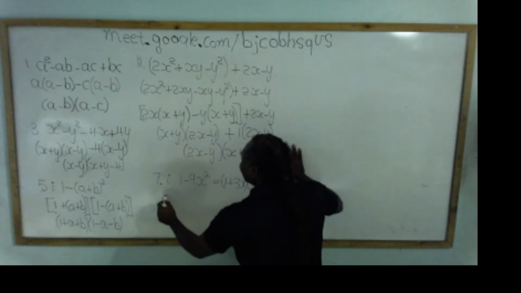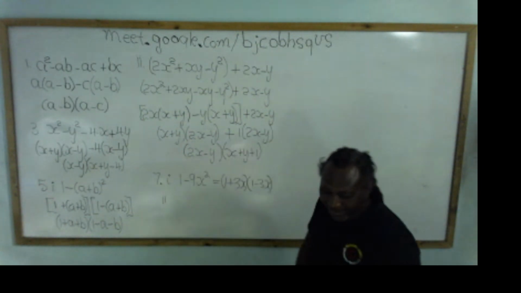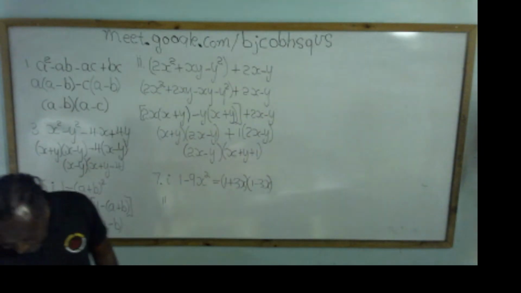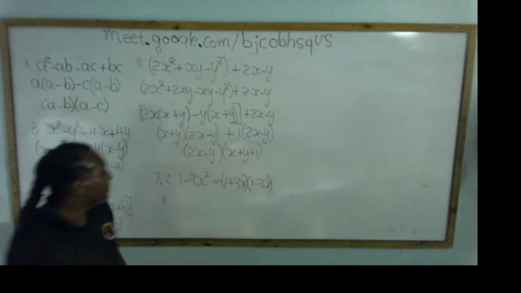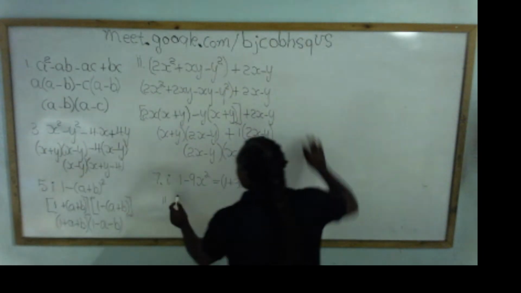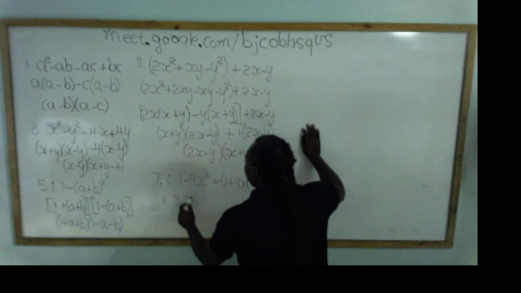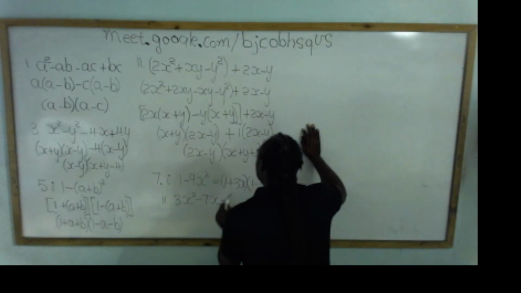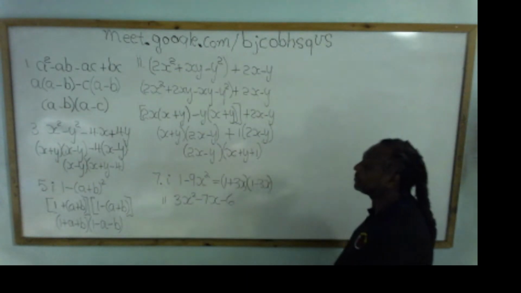Roman 2 is a trinomial: 3x squared minus 7x minus 6. What do we do?